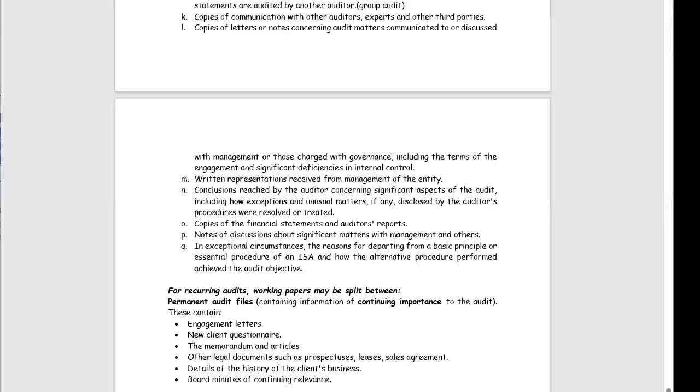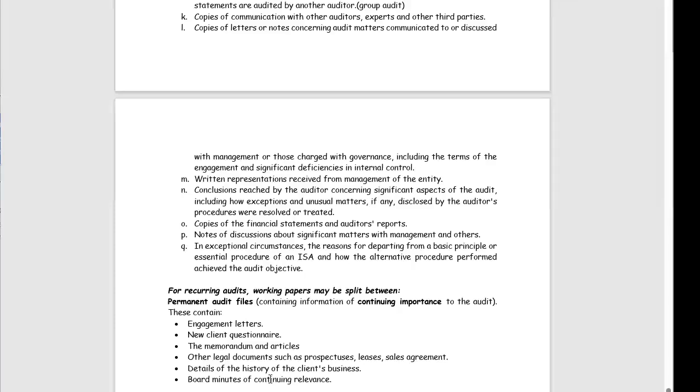So next we have, for recurring audits, working papers may be split between. This is now the part on the organization of the working papers. There are two categories of files normally maintained by the auditor: what we call the permanent audit file, the PF, and the other one, the current audit file.